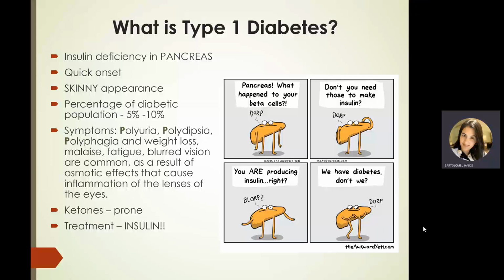Ketones are always present because the fat cells are broken down in order to get energy, and then we treat them with pure insulin. This is your client who is going to need insulin with all meals and at bedtime, and possibly long lasting insulin.